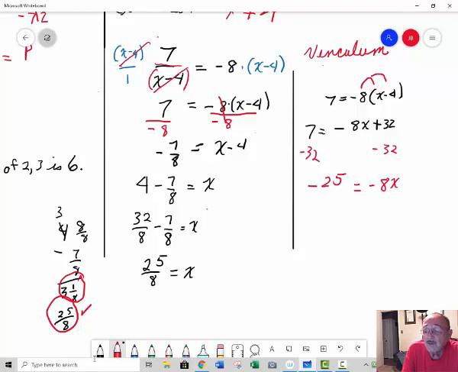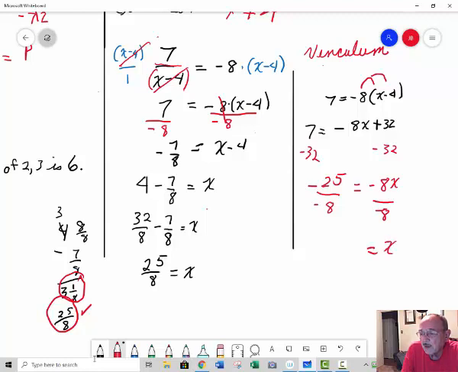And I'm going to divide both sides of that equation by negative 8, and I'm going to go ahead and write that down also. I normally wouldn't, but I will this time, because I want to emphasize the fact that these are going to cancel. That's the reason you divide by negative 8.